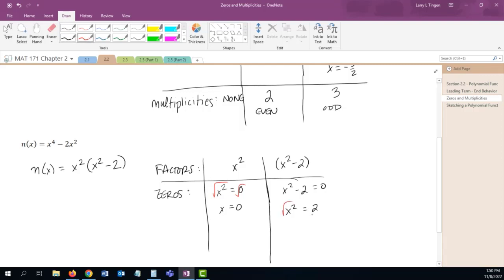And now I want to take the square root of both sides. But remember, when I do that, I have to show respect and give you the positive and negative square root of 2.